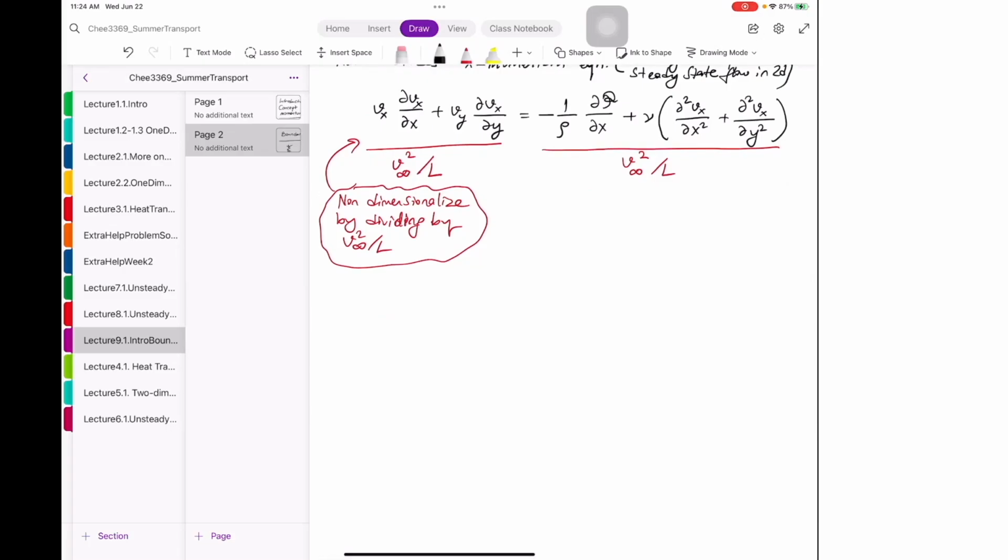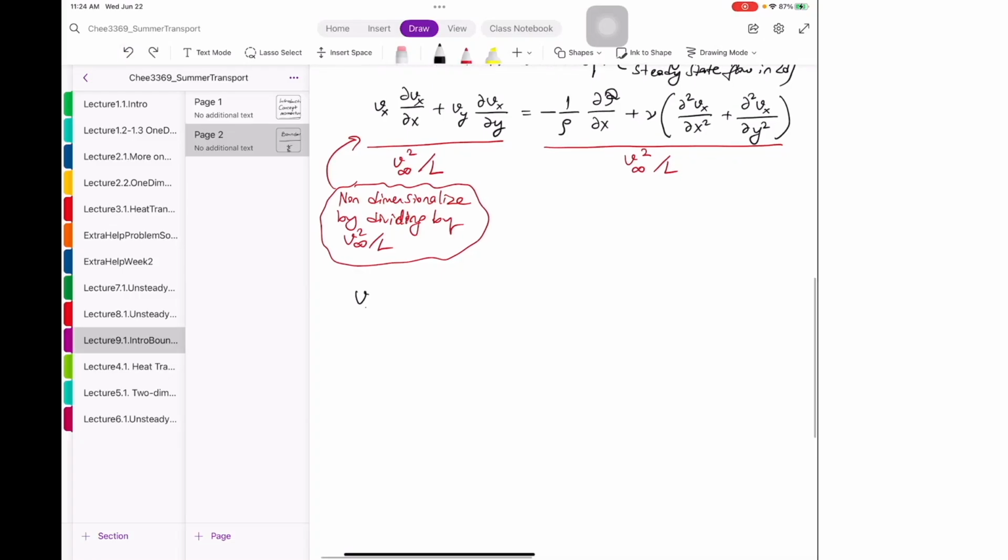Instead of Vx, we have Vx over V infinity. So Vx over V infinity, let's call it Vx tilde.